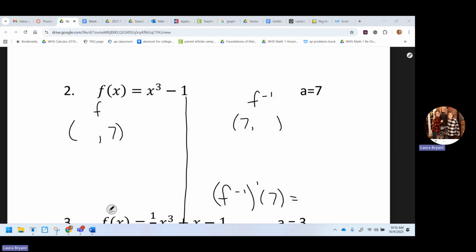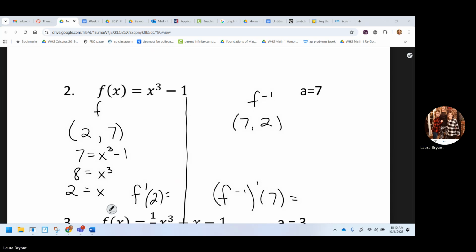And I can plug in 7 as the y value and add 1 and cube root, which gives me 2. So because I now know that inverse value, all I have to do is take the derivative at 2 here, and whatever my answer is, just flip it. My harder step, my primary work, is figuring out this coordinate.